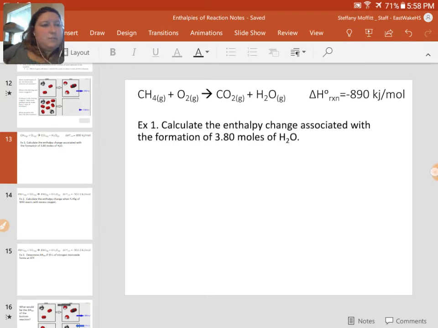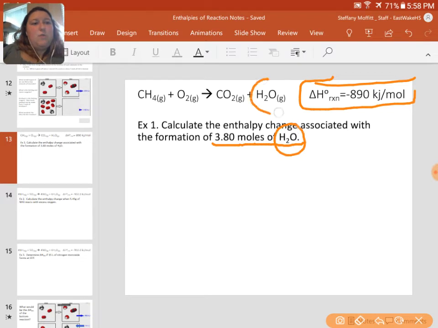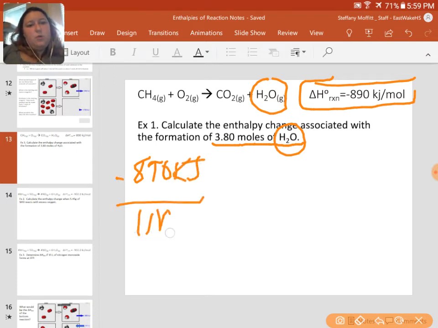So we can now do some calculations. It says calculate the enthalpy change associated with the formation of 3.8 moles of H2O. Here's my delta H of the reaction, negative 890 kilojoules per mole. For H2O is what we're looking at. I have 1 mole right here, so negative 890 kilojoules per 1 mole.